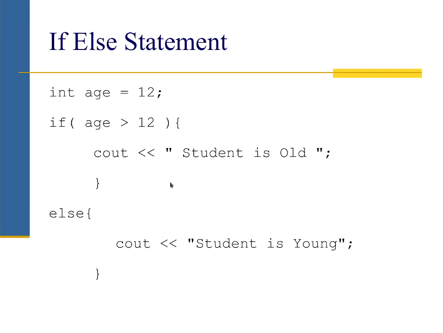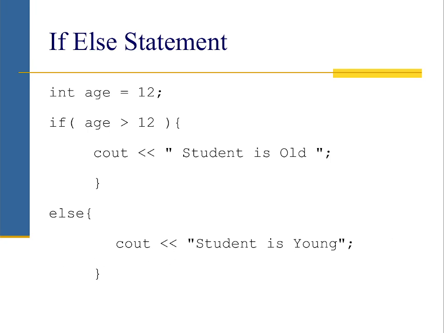Basically in this scenario, age is 12 here, and we all know 12 is not greater than 12, so it won't execute this. The first statement is saying if this is true, then bring out this.